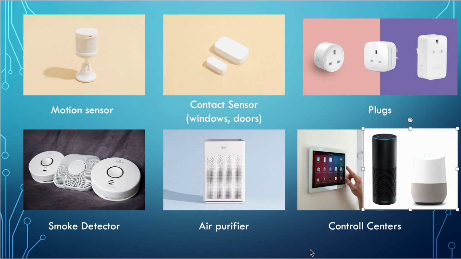If you have seen the ad saying, Alexa, dim the lights, right, in this particular room or near the kitchen, right? Alexa, switch on the TV, and the TV would be switched on. So that means this is also a control center for a smart house. It is voice activated.